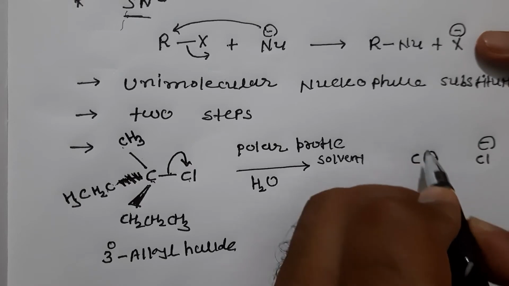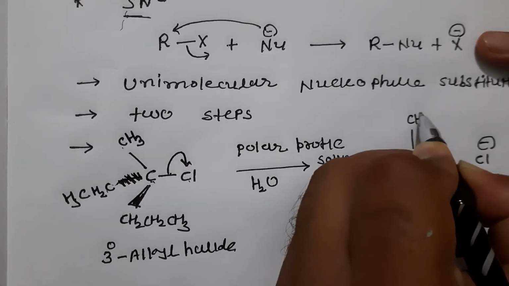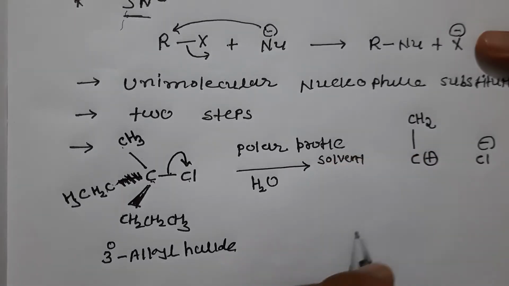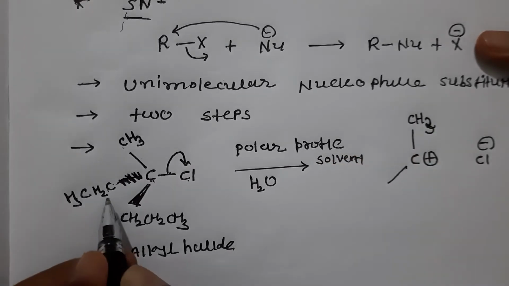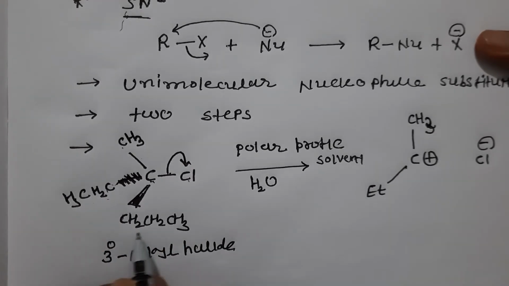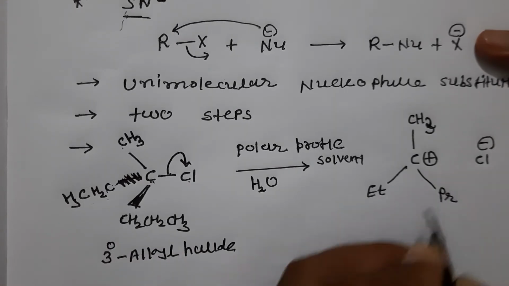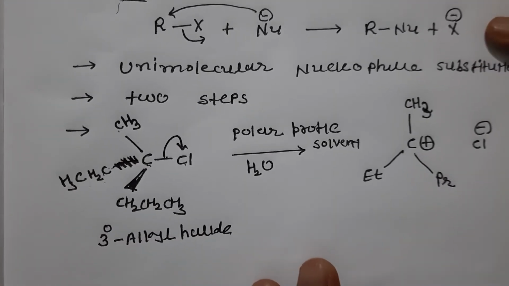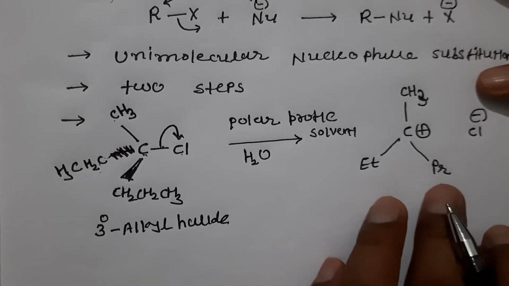Now we know that a carbocation has sp2 hybridization and gives a planar structure. Here we can put CH3, here ET meaning ethyl, and this propyl we call PR. Now this is the 3-degree carbocation, and its structure is planar.